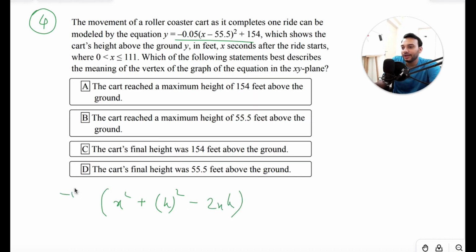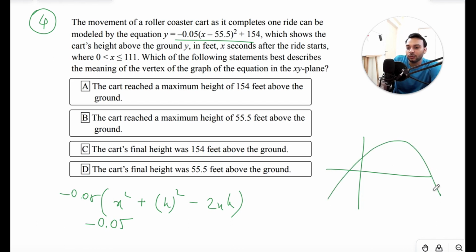And on the outside, it's a negative 0.05. So the coefficient of x squared is going to be negative 0.05. Negative means the parabola is opening downwards. There would be a maximum point at the vertex. Okay. So the cart reached a maximum height of 154 feet above the ground, or maximum height of 55.5 feet above the ground. Okay. So option C and D are both wrong.